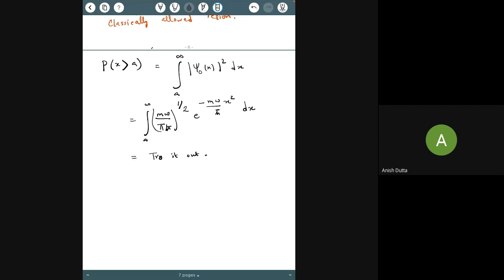It's related to the rotational spectra. In your syllabus, you'll see it also says you should do the rigid rotor problem, which we will not do because we don't have so much time. But that would give you the rotational spectra of molecules. So the harmonic oscillator is very, very useful.